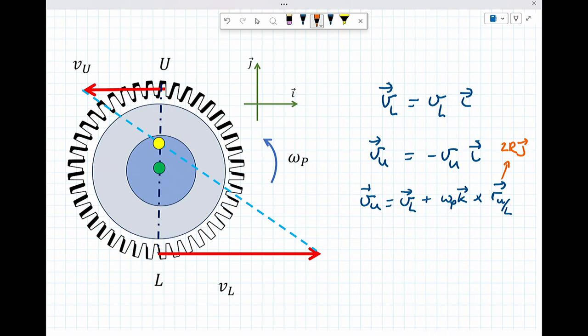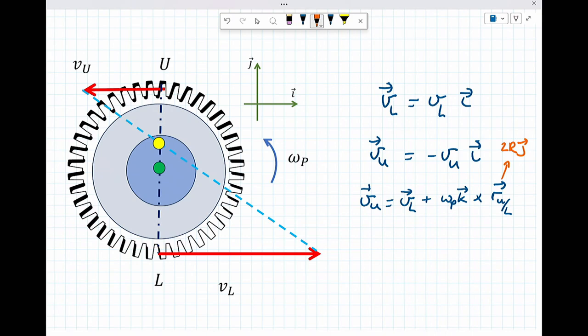Because if I reference everything with respect to L, that distance is going to be positive. So down at the bottom here, to get to U, I have to go up. And because I'm going up, I have a positive value.